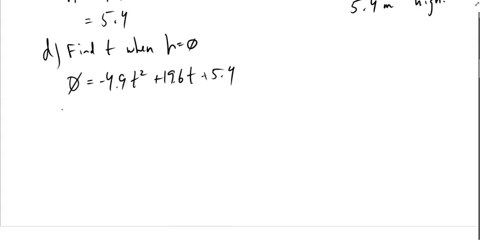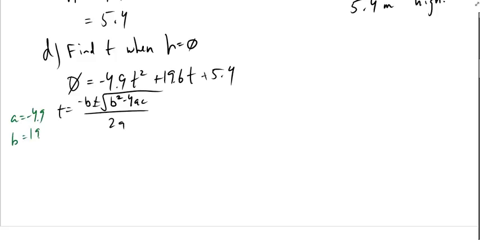All right, so here we go. t equals negative b plus or minus the square root of b squared minus 4ac. And a is negative 4.9, b is 19.6, c is 5.4.